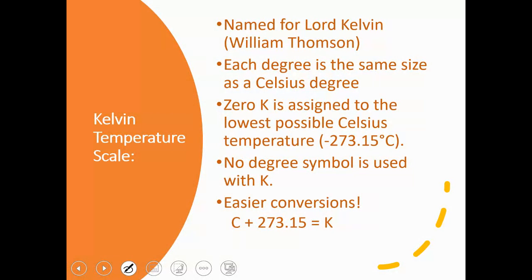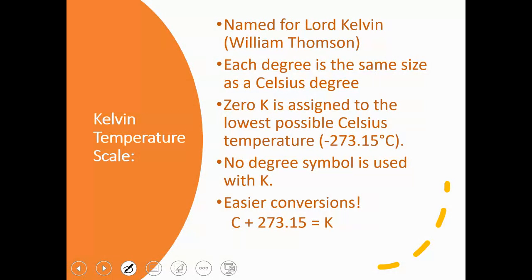There's also the Kelvin temperature scale. We will talk about it at some point this year, in a couple of units, about the development of the Kelvin temperature scale. It came from work with gases. Now, the Kelvin temperature scale is also named for someone.